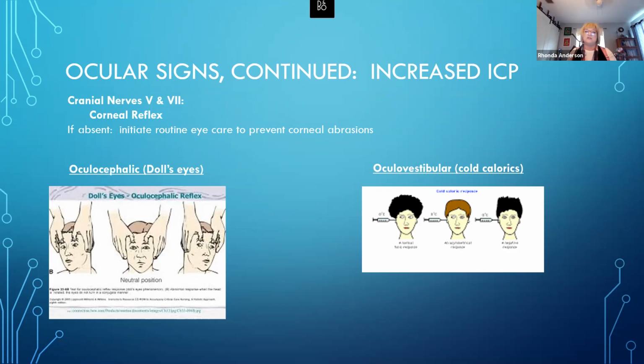The other thing we do is oculovestibular, and this is your cranial nerve 8 that we're checking. And with cranial nerve 8, that's your balance. And what happens here is we take about 20 cc's of sterile saline.